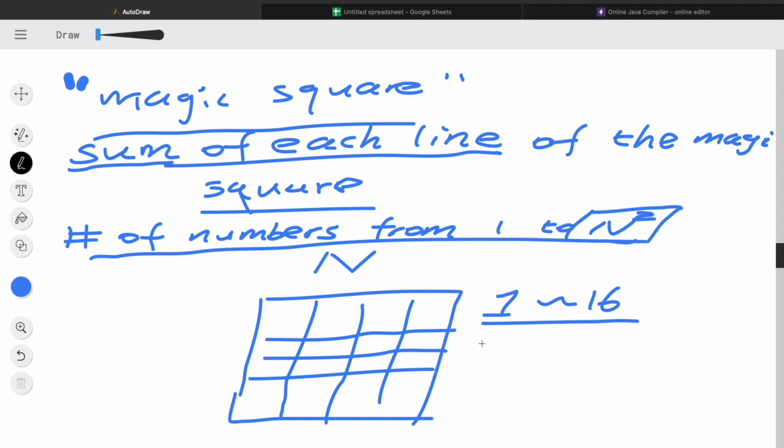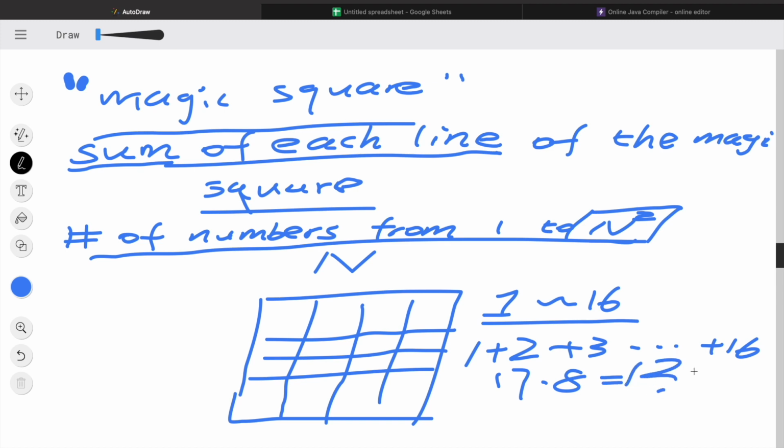So no matter how we place the numbers from 1 to 16, the sum of those numbers is definitely going to be 1 plus 2 plus 3 until 16, which is 17 times 8, which is 136. And then it has 4 lines.